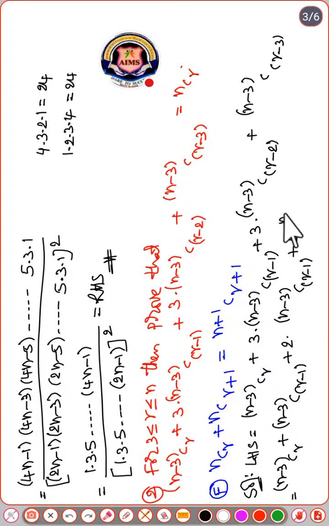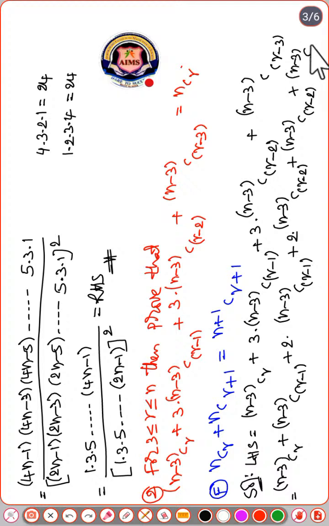So 2 times n minus 3 Cr minus 2 plus 1 time n minus 3 Cr minus 2. Okay, plus the remaining value n minus 3 Cr minus 3 will be the same.